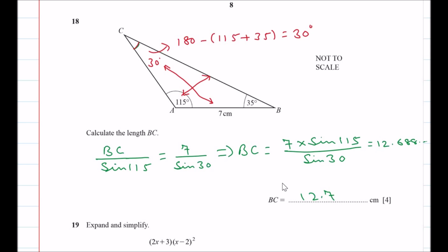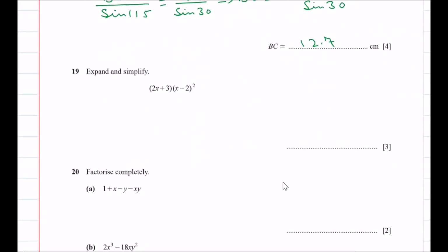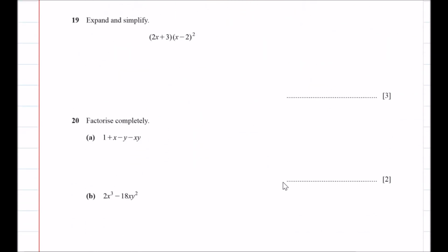Okay. Now we have an algebra question. It says expand and simplify. Easily you can see here we have power 2, that means we can repeat x minus 2 into x minus 2.